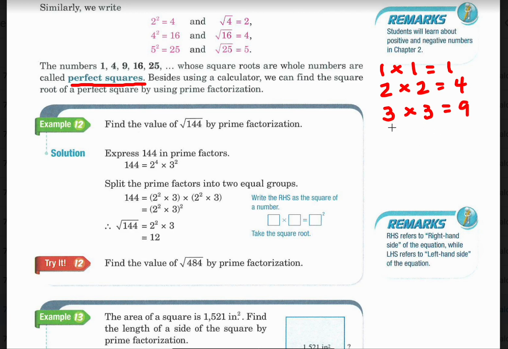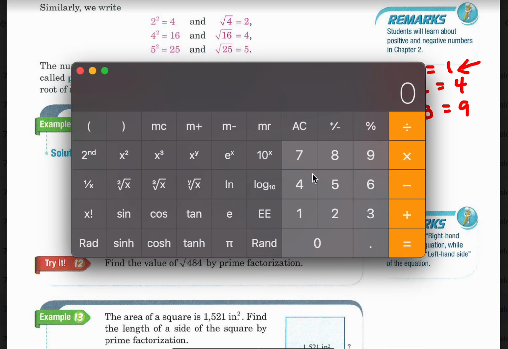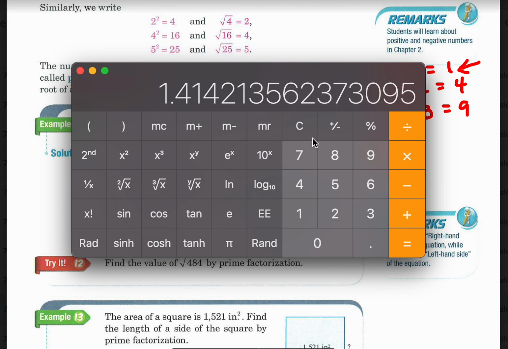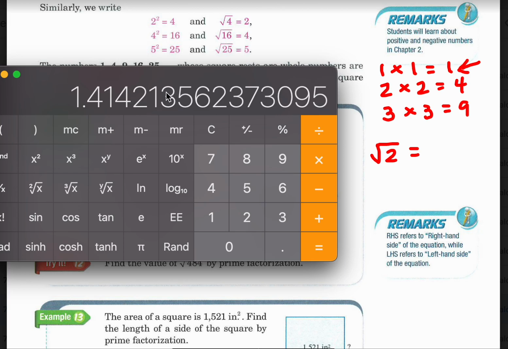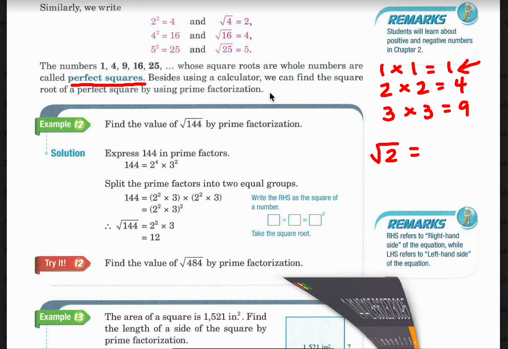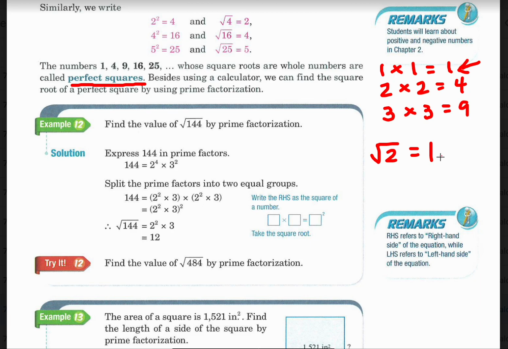Why are 2 and 3 not perfect squares? Well, if I were to figure out the square root of 2, and I put that into my calculator, square root of 2, I get this. 1.414213, etc., etc. And it keeps on going, repeating.